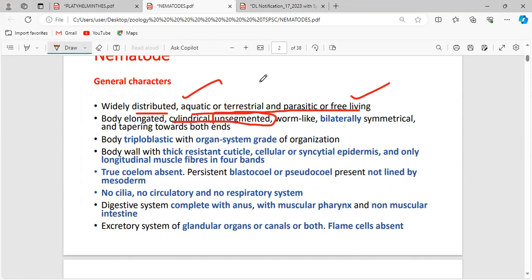I'm repeatedly saying the same statement so that in the exam you do not get confused: segmentation arises only from the phylum Annelida. They are unsegmented, worm-like, and bilaterally symmetrical. We know what bilaterally symmetrical is.